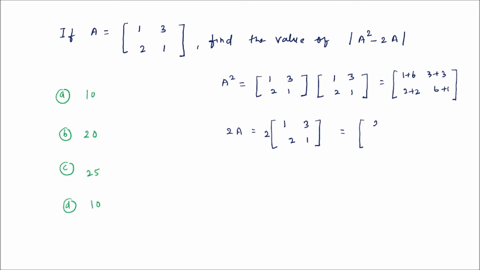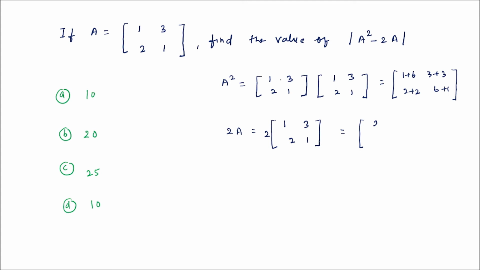Let us understand one more question. If A is equal to this matrix, we have to find the value of determinant of A square minus 2A. So let us find out A square first. A square means multiplication of these two matrices. How to multiply?